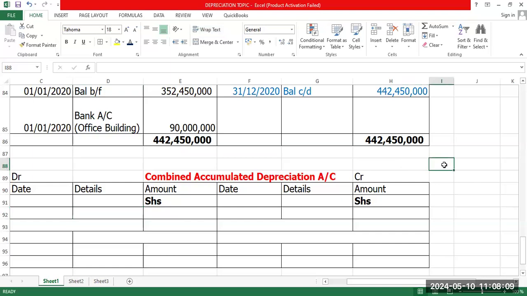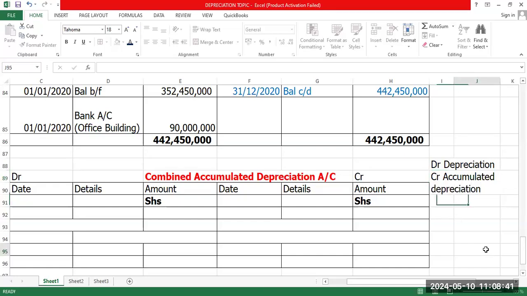You increase accumulated depreciation account by crediting. The reason why you're crediting is that we normally debit depreciation account and credit accumulated depreciation.